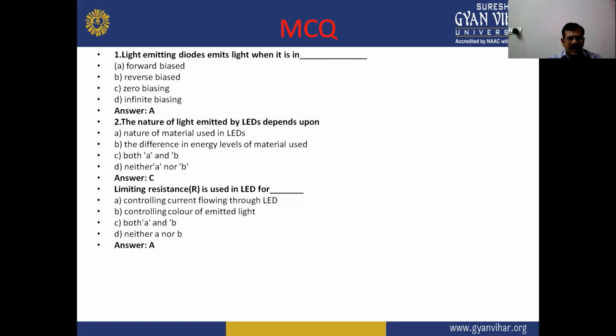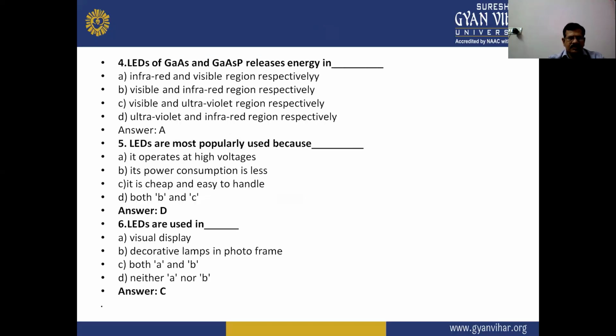Option C, both A and B. And option D, neither A nor B. So here the correct option is A, controlling current flowing through the LED. So the use of the resistance in a light emitting diode is controlling the current flowing through the LED. That is the main use of the resistance used in a light emitting diode.